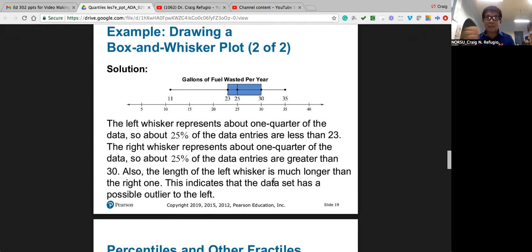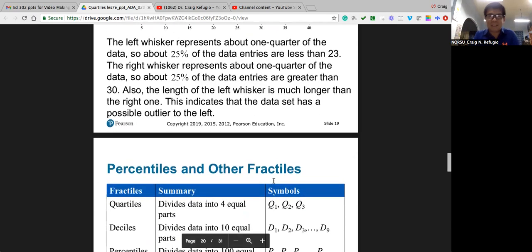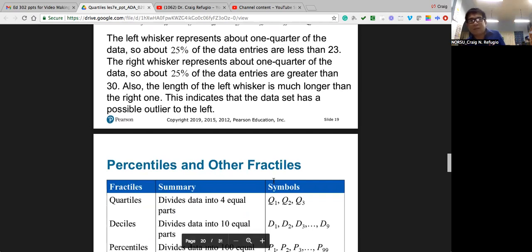However, if the whisker is quite long, starting from Q3 going to the right side up to the maximum value, then that also indicates a possibility of an outlier, one with a big value in comparison to the majority of the data. So take note about this.